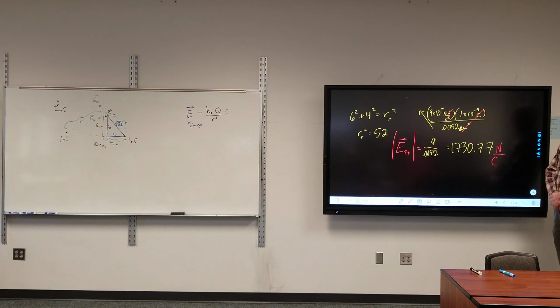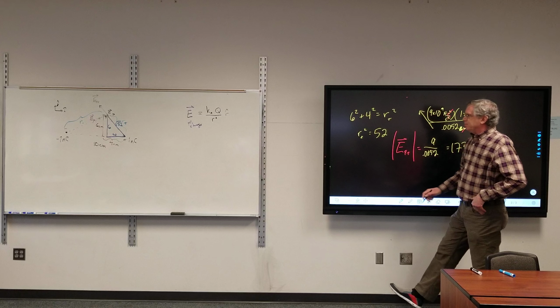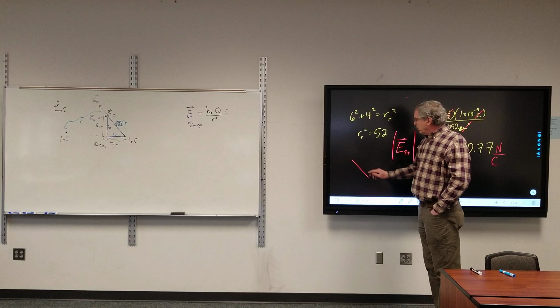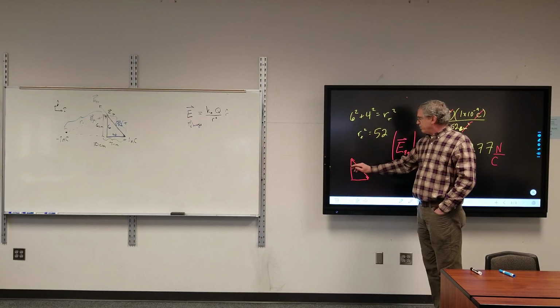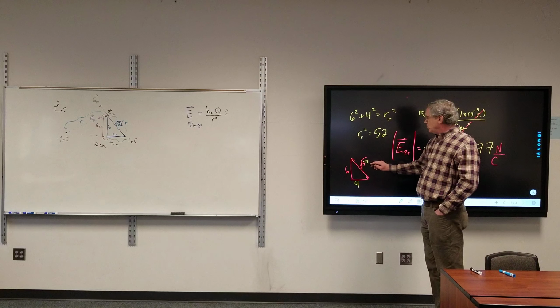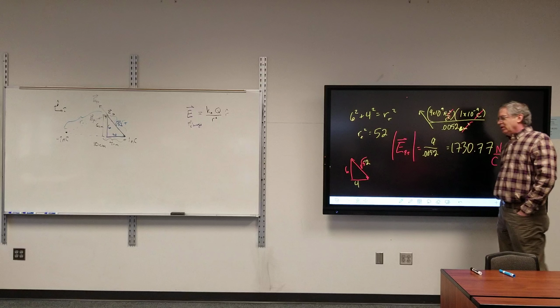Questions? Let's break it up. All right, so I know that my vector is going off in that direction. I have a ratio of 6 to 4 to the square root of 52.